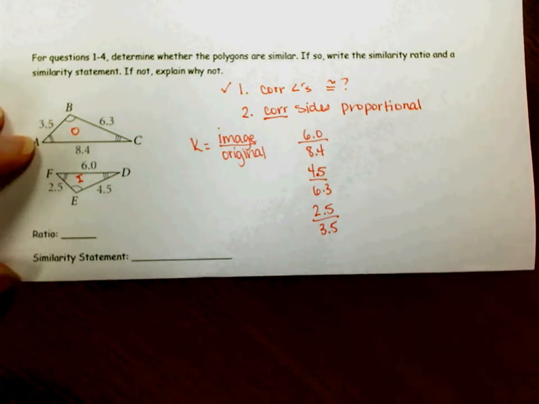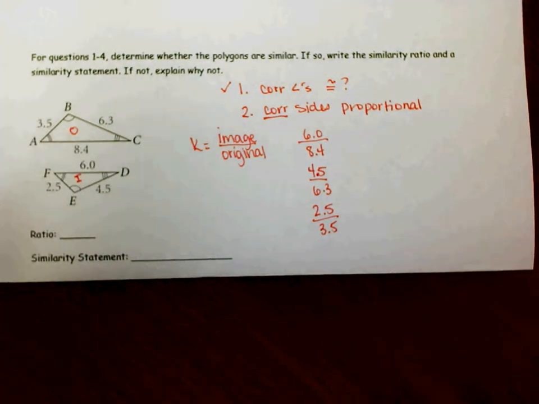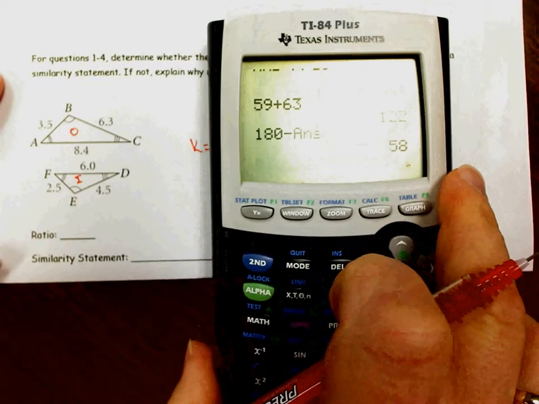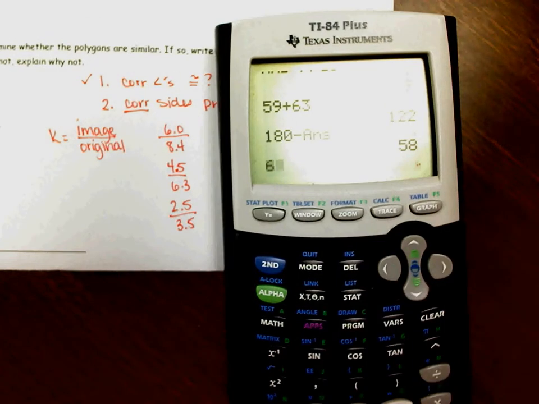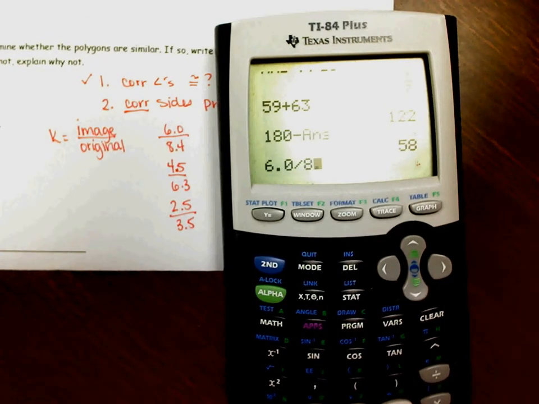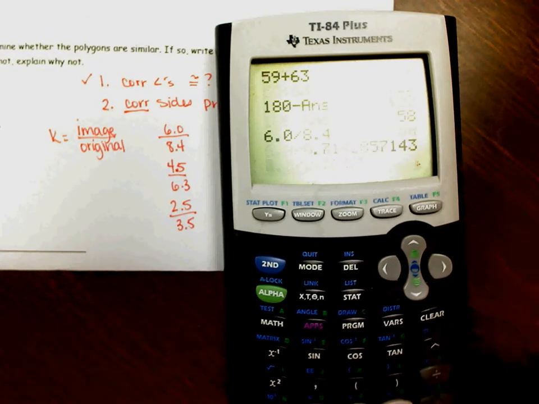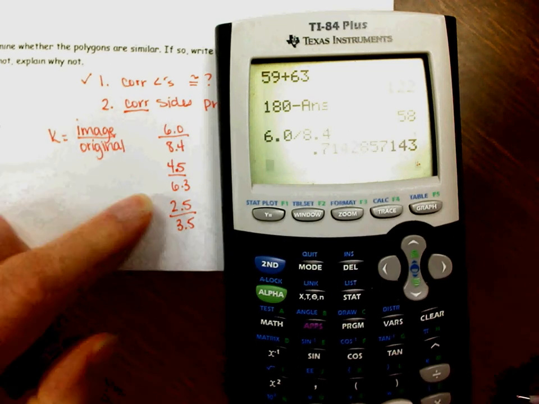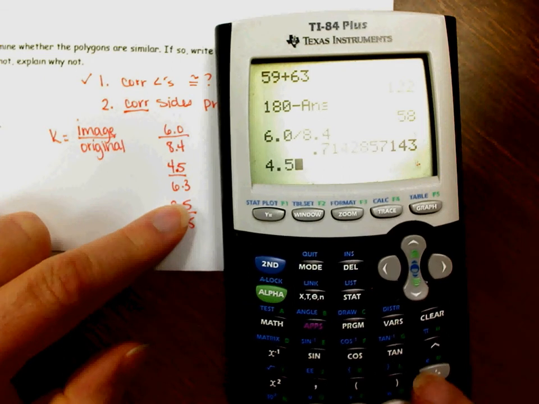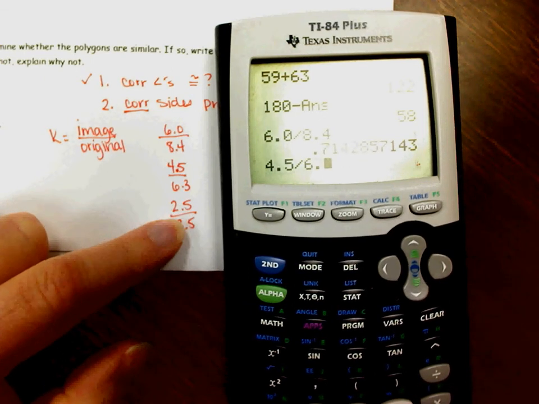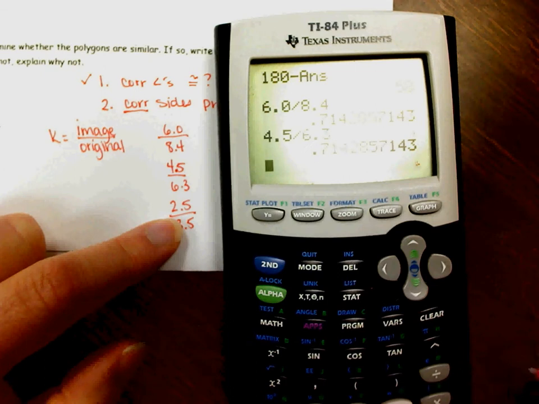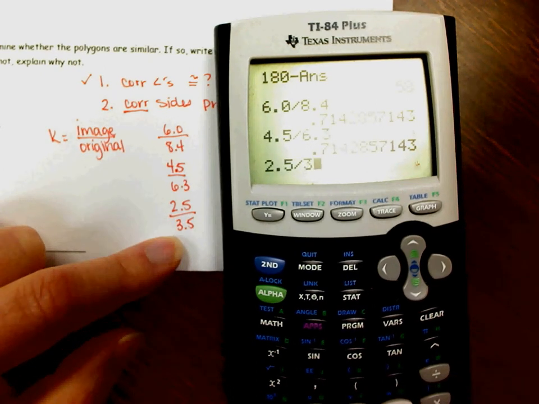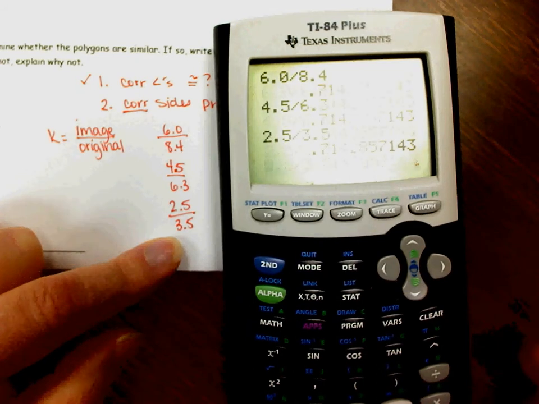So then I'm just going to check and see if these are equivalent to one another on my calculator. If I do 6.0 divided by 8.4, I get this long decimal, so that's an irrational number. And then I do 4.5 divided by 6.3, which is also a non-repeating decimal. And then 2.5 divided by 3.5 is, again, that non-repeating decimal.